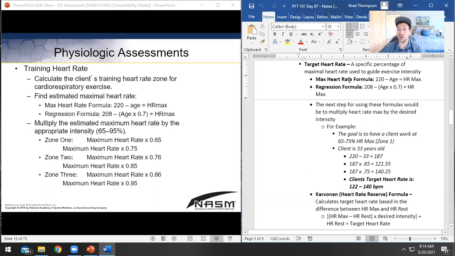So there's the straight percentage formula, which means the first thing you need to do is calculate your client's max heart rate. The way that you're going to do that is it is always going to be 220 minus your client's age equals heart rate max. Okay. It's always 220 and it's always your client's age. So for me, I'm 33.